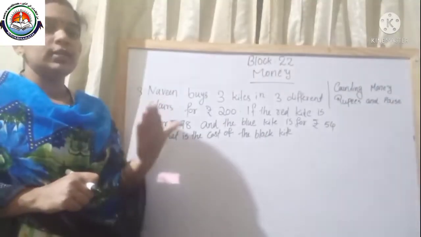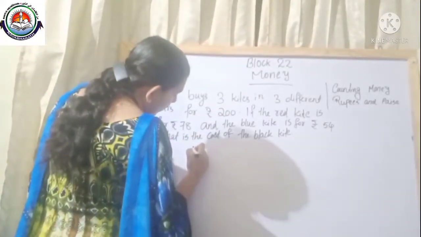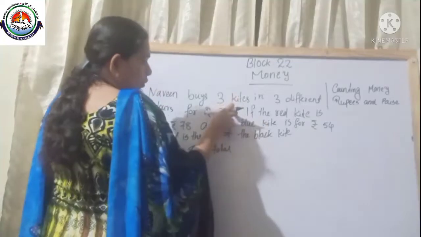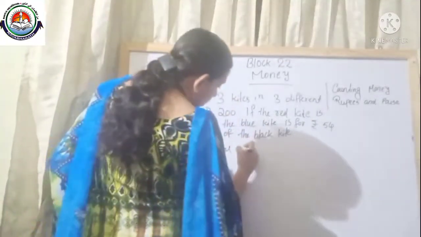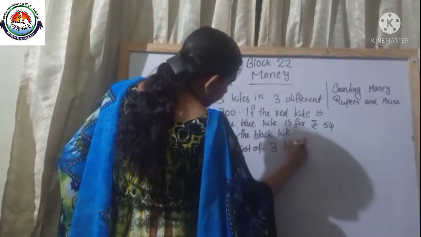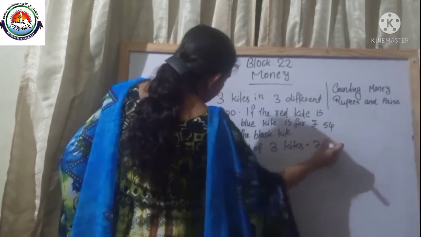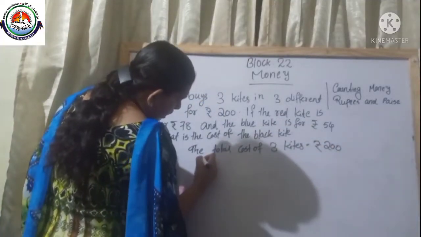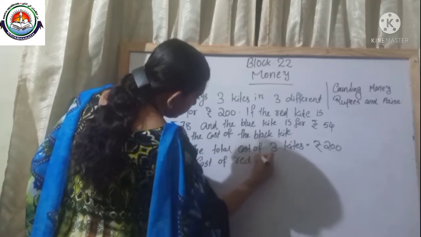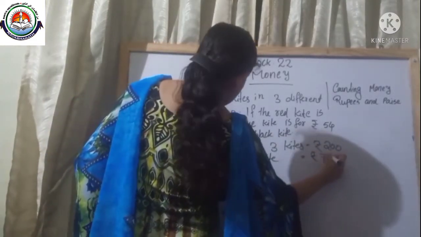I already told you in a story problem we need the steps. Then you write the total cost of 3 kites. How much? Rupees 200. Then the cost of red kite, rupees 78.